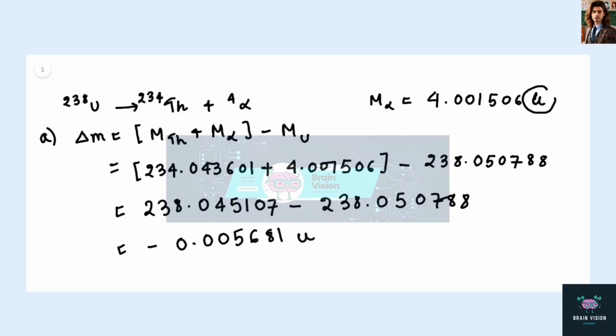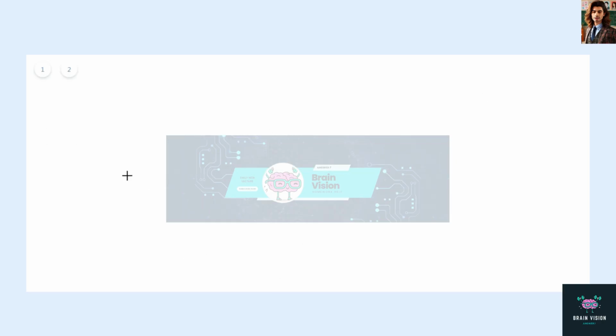For that, we need to use the famous Einstein's equation. That says the energy generated when some mass m is destroyed is given by m times c squared. Now, you need to deal with various units.